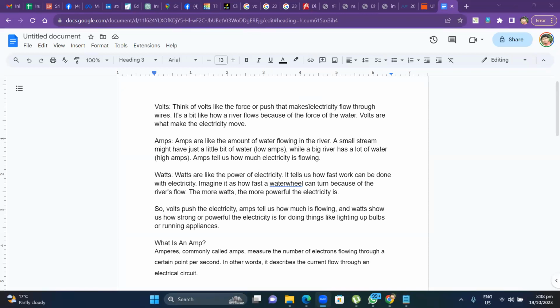I'm asking about a waterfall. There are two waterfalls. One is very tall, the other is very short. If you go and try to touch the flowing water, which has more energy, more power?